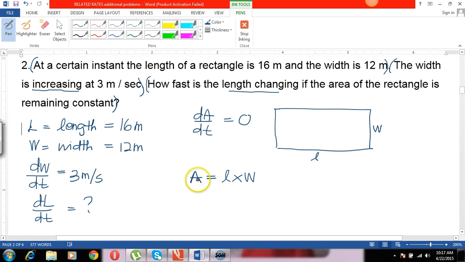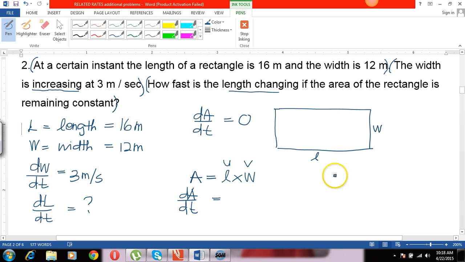First, we differentiate A in terms of t, so we have dA over dt. But now we have two different variables, L times W, so we have to use the product rule for this particular question. Why? Because we have U and we have V in here.